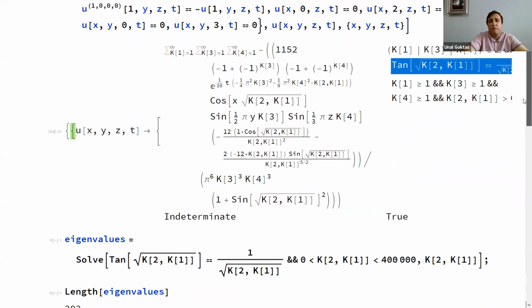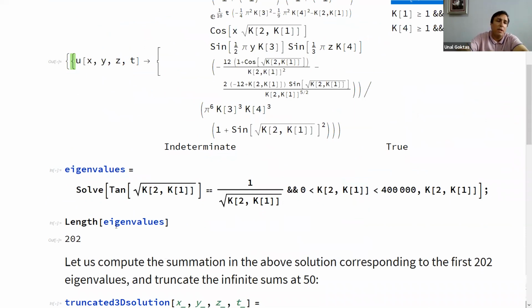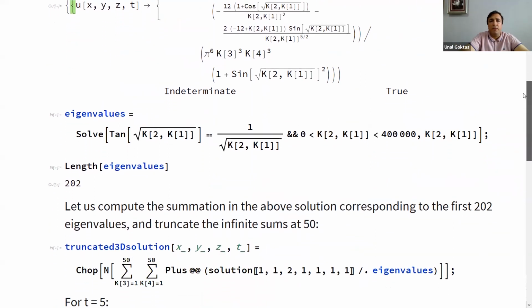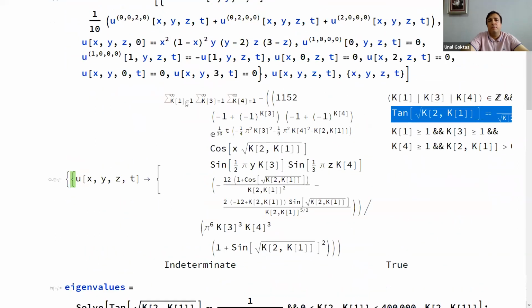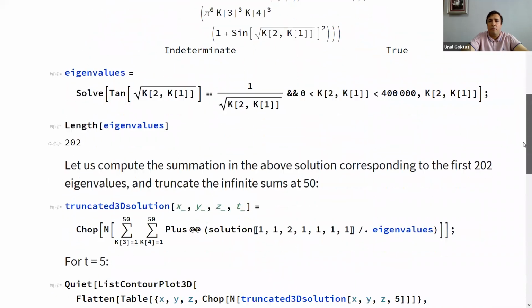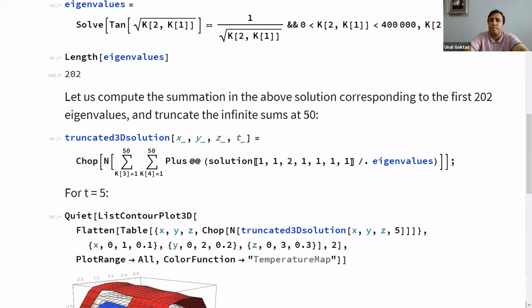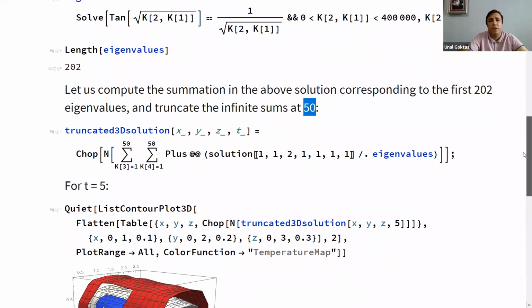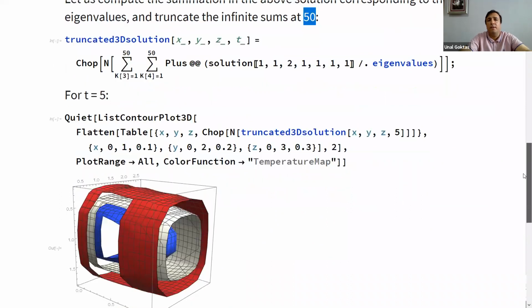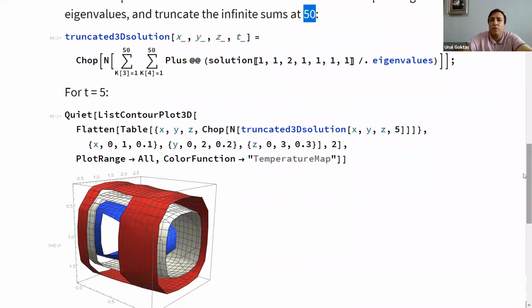So suppose we compute the first 202 eigenvalues this time, and then in this summation, we let the other infinities be 50, like here. So if we compute the truncated solution, and if we plot the contour plot 3D for t equals 5, the plot will look like this.